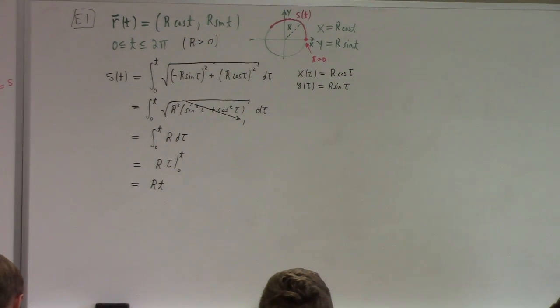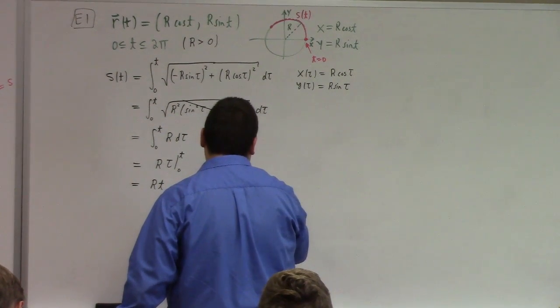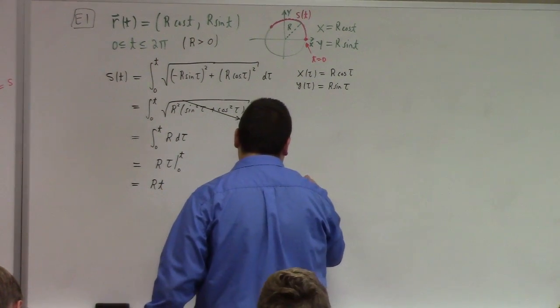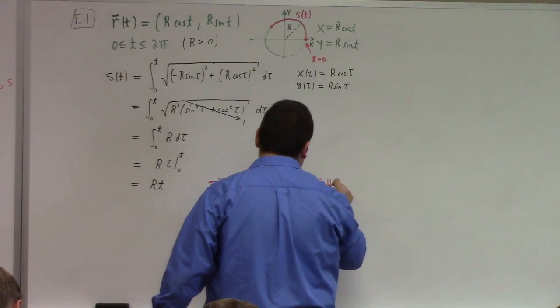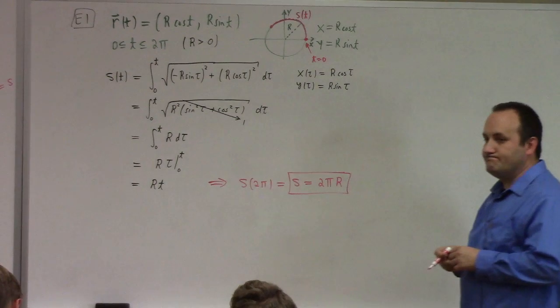So of course then, what's s of 2 pi? The total arc length, right? 2 pi r. There you go. The circumference of a circle, 2 pi r.